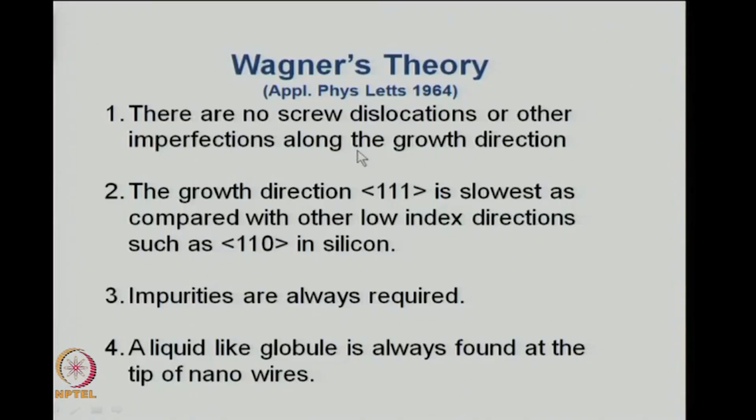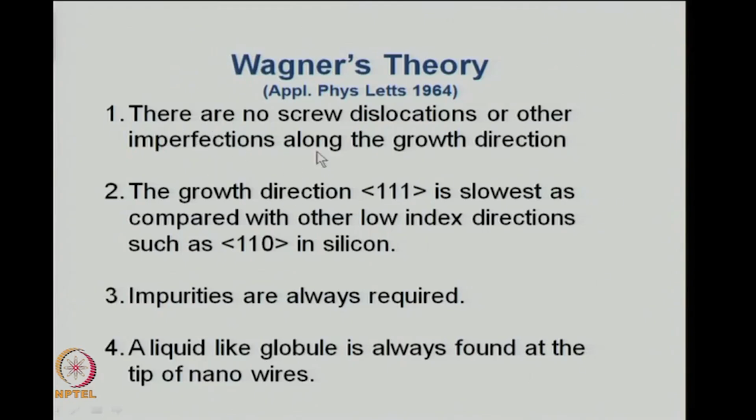So, there are either screw dislocations or edge dislocations in crystals which act as nucleation centers or growth centers for subsequent growth of a compound or a particle. But in this vapor liquid solid growth, there are no screw dislocations involved or any other kind of imperfection along the growth direction. You just have a molten globular kind of thing which is the liquid droplet which allows for the growth of the nanorod along the growth direction.